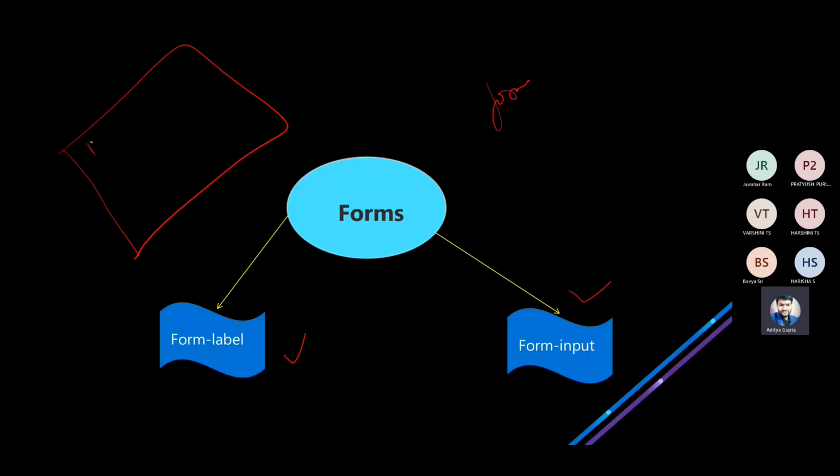Let's say you have a name written here. Now there will be a box, and let's say a password written, and there will be a box, and there will be a button here, right? That can be done with the help of Bootstrap. Why only Bootstrap? Because if you do it with Bootstrap, you will achieve responsiveness.